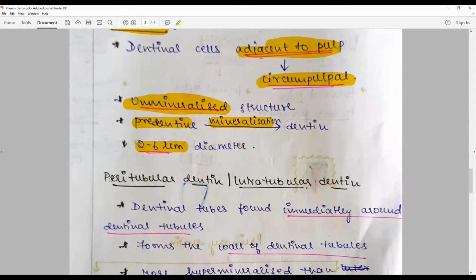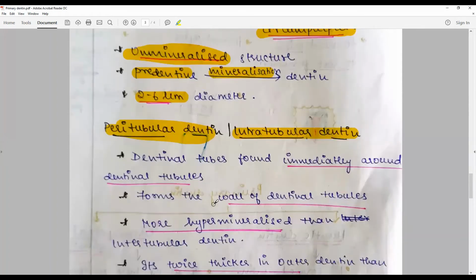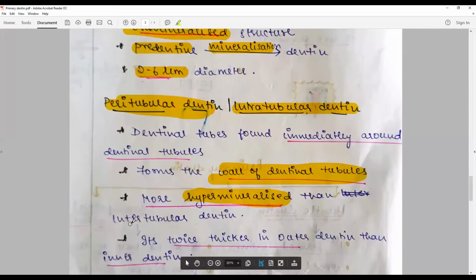Again going into the classification, we have peritubular dentin and intratubular dentin. Peritubular dentin surrounds the dentinal tubules and forms the wall of the dentinal tubules. It is relatively hypermineralized by about 5% compared to the intertubular dentin.